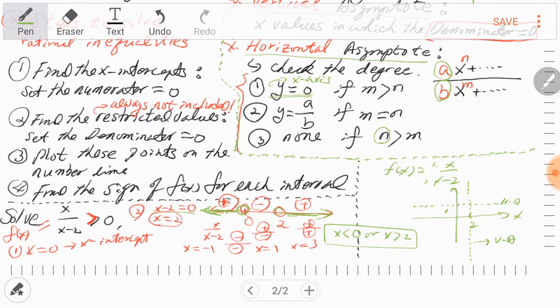Then what is the graph? Okay, we know that if x is less than 0, then the graph is positive. x is less than 0, the graph is positive. So it's always positive, so it should be something like this.